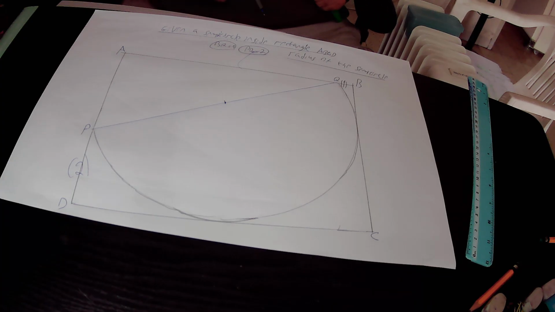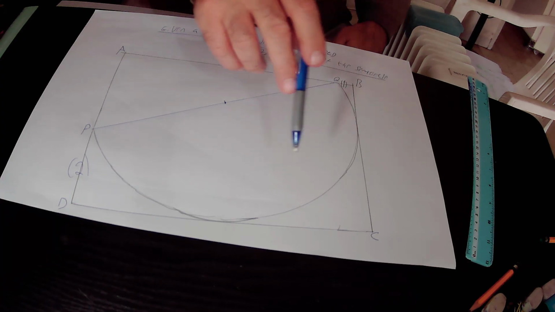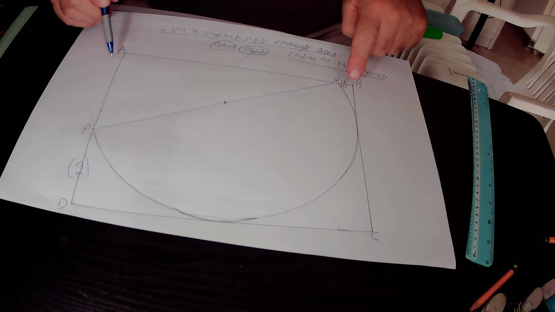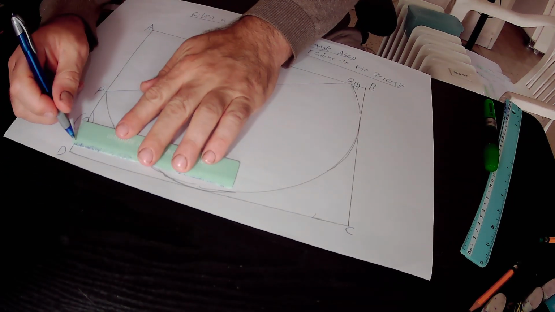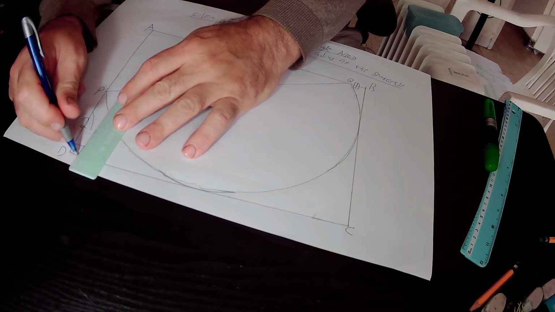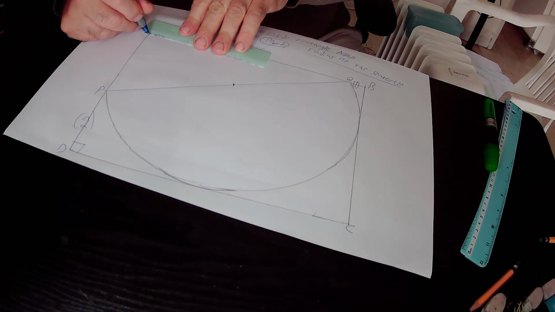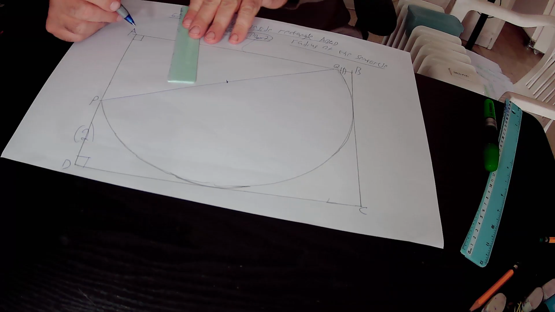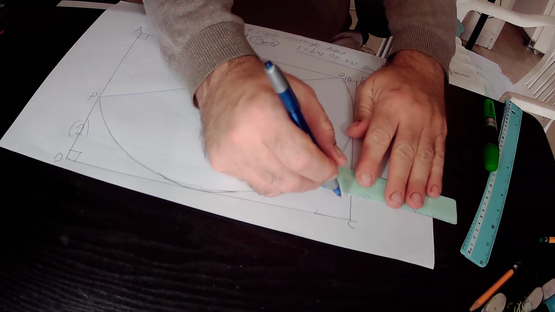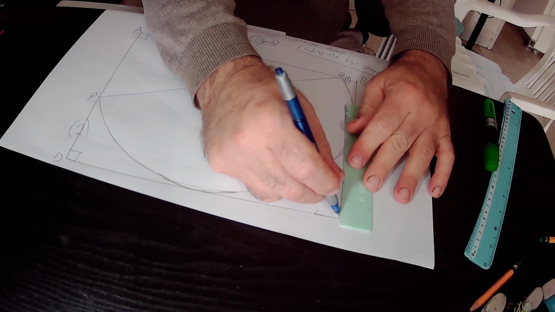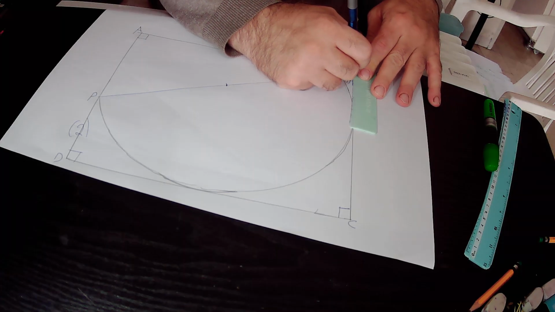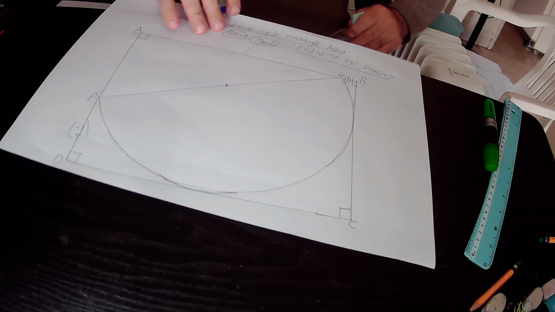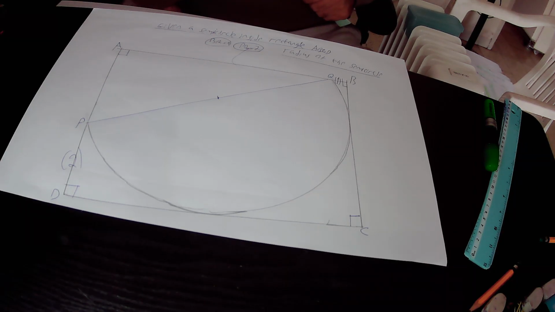ABCD is a rectangle, therefore all four angles are right angles. In the next step, we define the center of this semicircle.